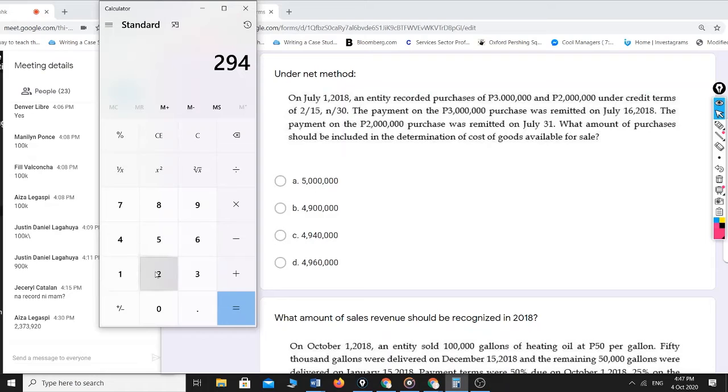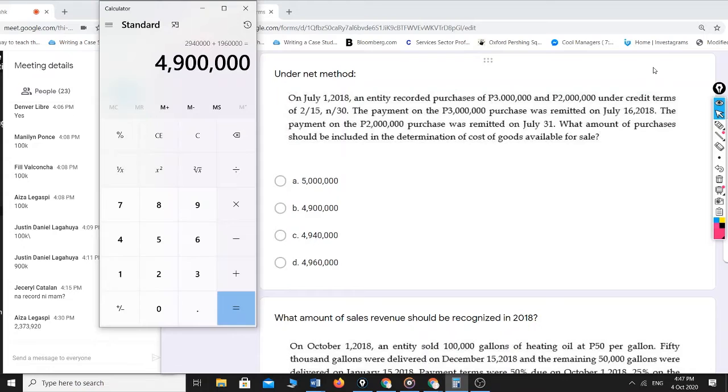So, Purchases, 2,940,000 and accounts payable, 2,940,000. Okay? While sa 2 million na purchase, ang gigamit niya nga amount, discounted gyapon, that is 1,960,000. Okay. So, we have the amount, 4.9 million.